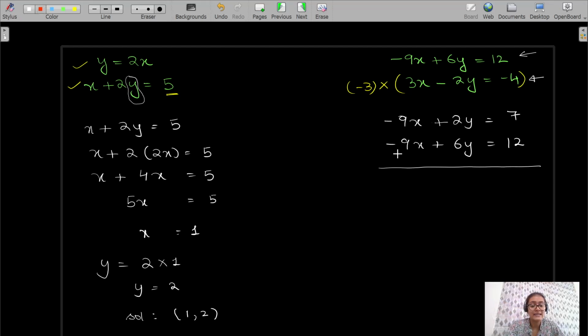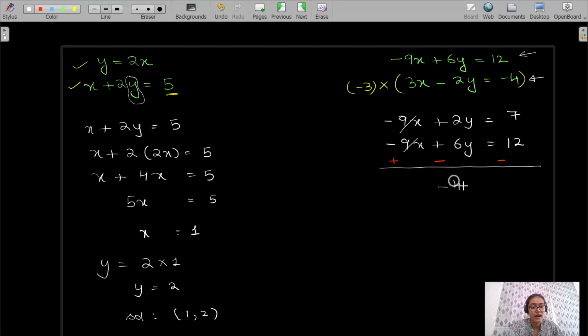So negative 9x minus negative 9x will become positive, and 2y minus 6y. So I'm changing the sign of the second equation, and 7 minus 12.